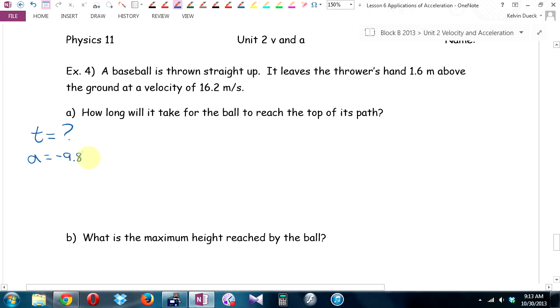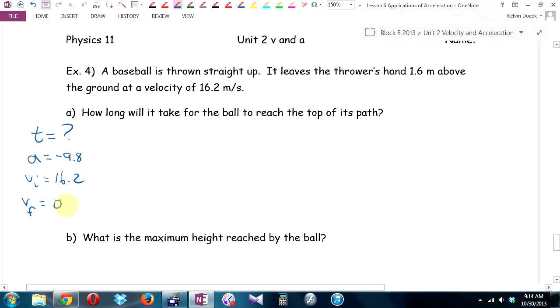What else do I know? What's VI? What else do I know? What's VF at the top for a split second? You'll notice I haven't used that 1.6 meters yet. Don't need it. I'll probably use that later on, but it doesn't seem to play a part in this.